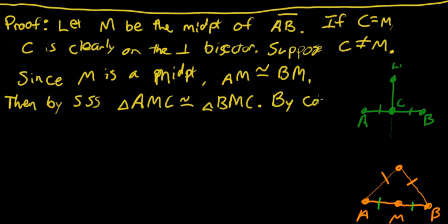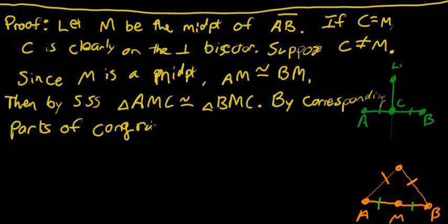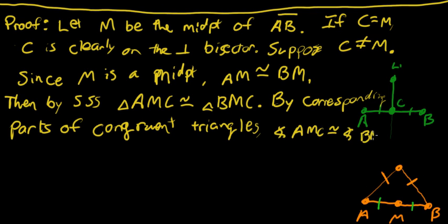And we can say that by corresponding parts of congruent triangles, angle AMC is congruent to angle BMC.